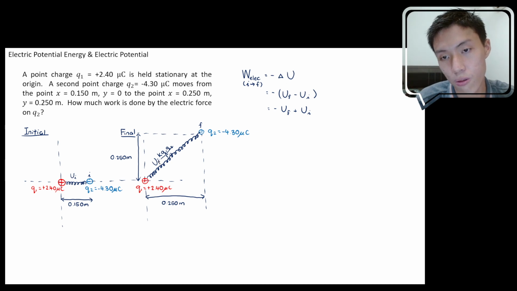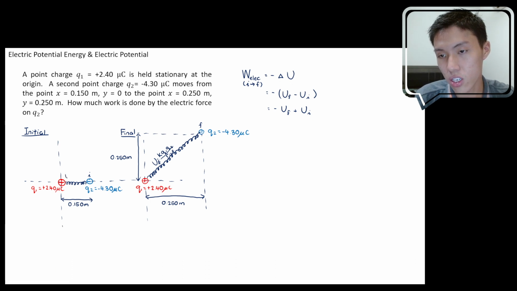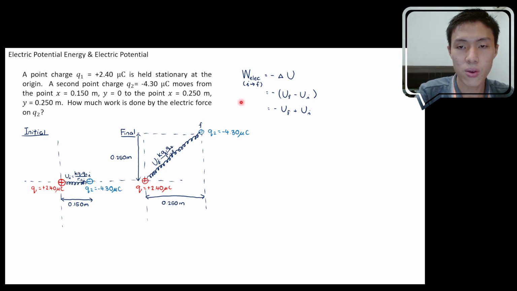So U final has R12 final, whereas for the initial situation, U initial is K Q1 Q2 with the distance R12 initial.